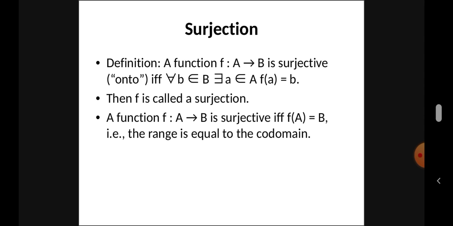So f from a to b is surjective if and only if f of a is equal to b and the range is equal to codomain. Or we can say if every element of b is the image of some element of a, that is all elements of b has a pre-image in a, then we can say it as a onto function or surjective.